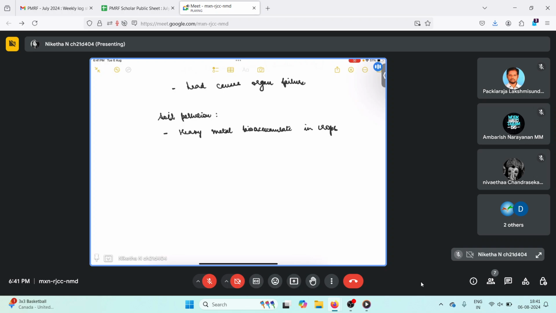Heavy metals sometimes will get bioaccumulated into the crops. So if you have arsenic pollution and a crop of rice growing, there is a possibility that arsenic will get bioaccumulated into the rice and it will enter our food system.